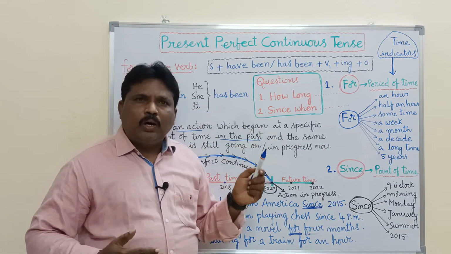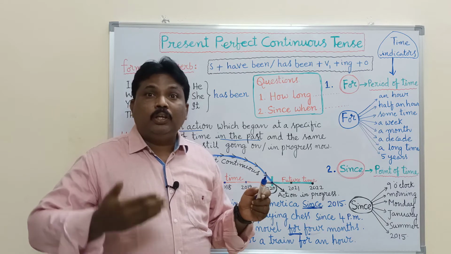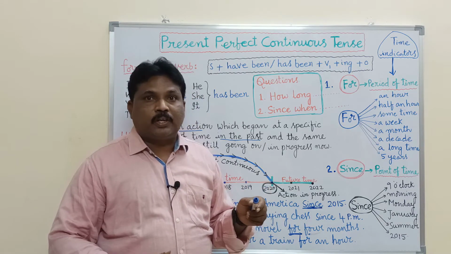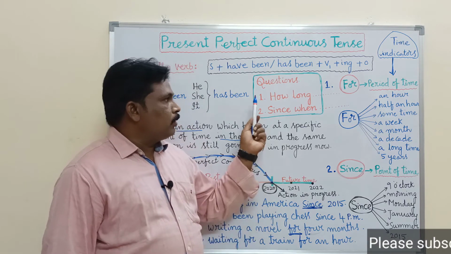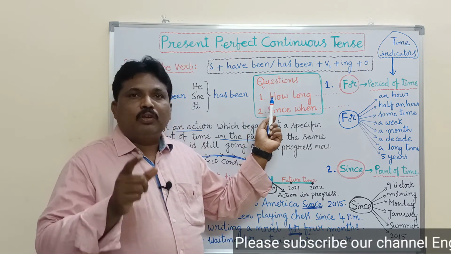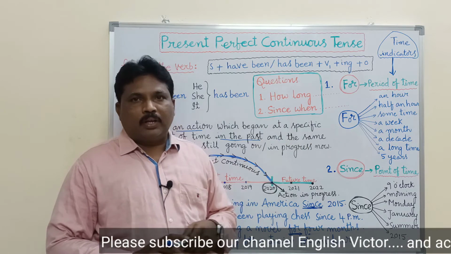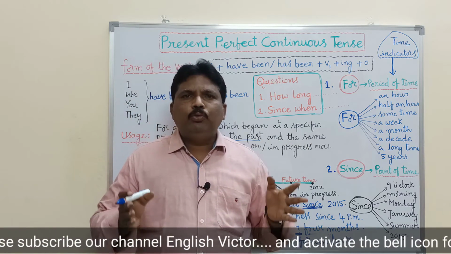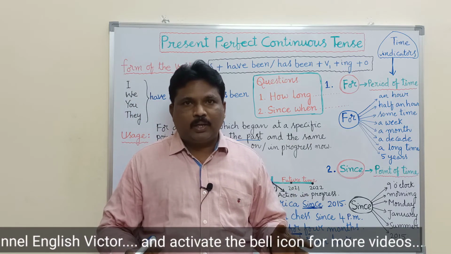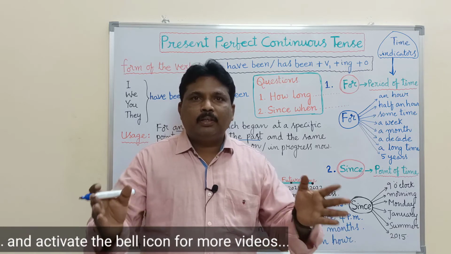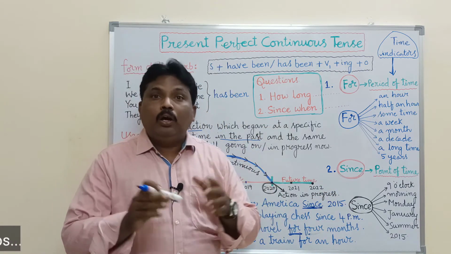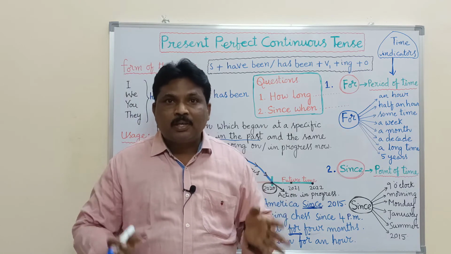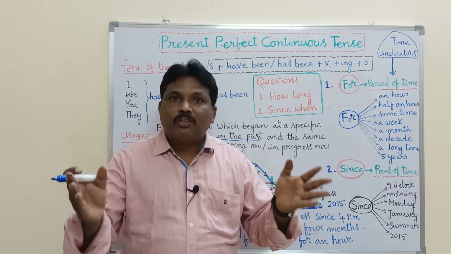Whenever you want to ask a question in present perfect continuous tense, there are two possible ways. Number one, you begin your question with how long. For example, how long have you been waiting here? When you meet a person at the bus station or railway station, you want to ask him or her, how long have you been waiting for your bus? How long have you been waiting for your train?